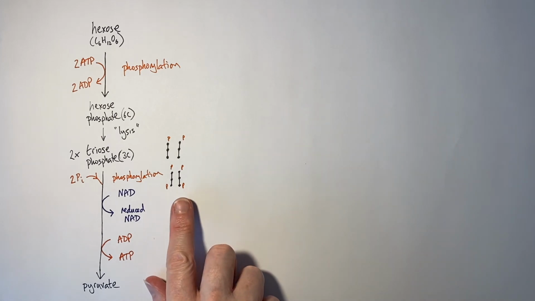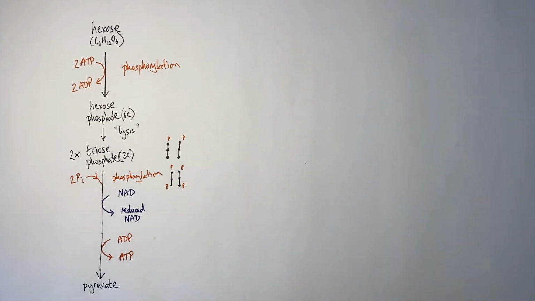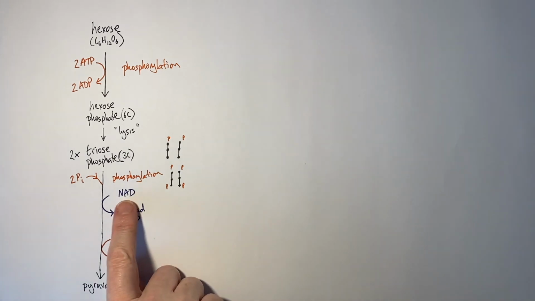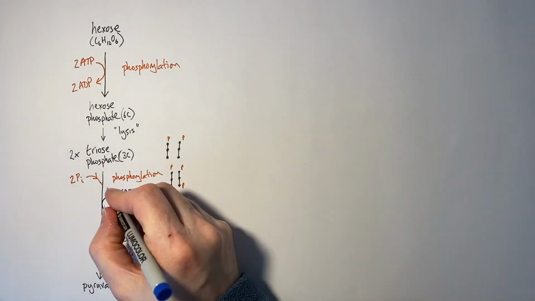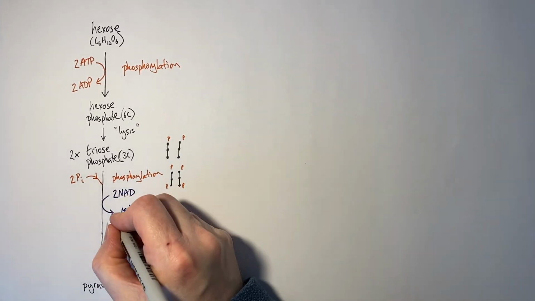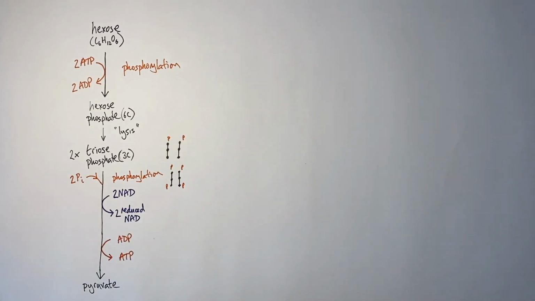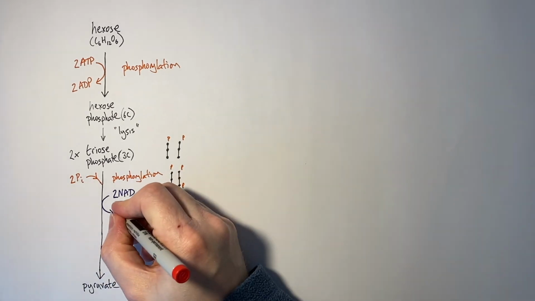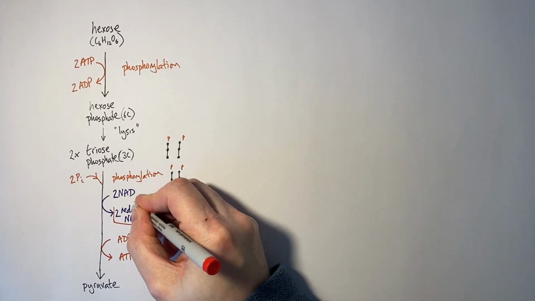Then each of those triose phosphate molecules lose some hydrogen to NAD, and because we've got two of those, then two NAD come in and we get two reduced NAD coming out.